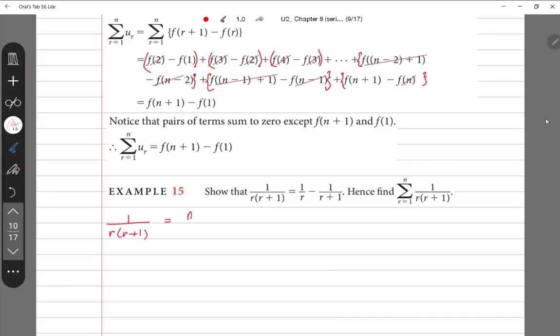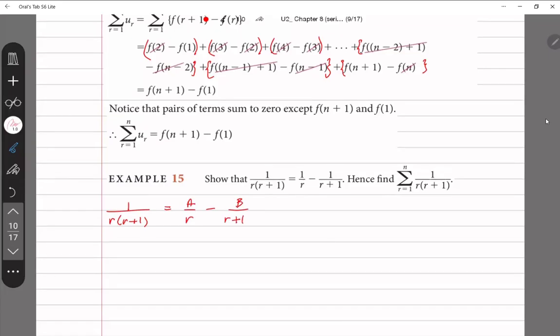This would be equal to a over r plus b over r+1. So now this works out to 1 is equal to a(r+1) plus br.